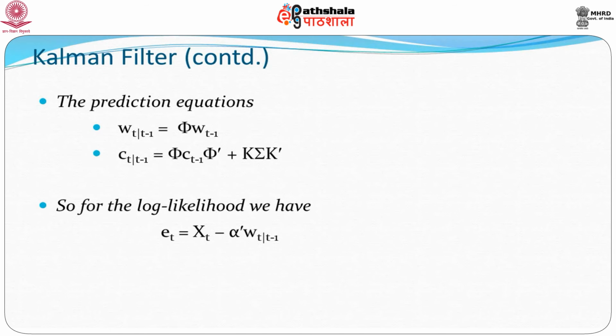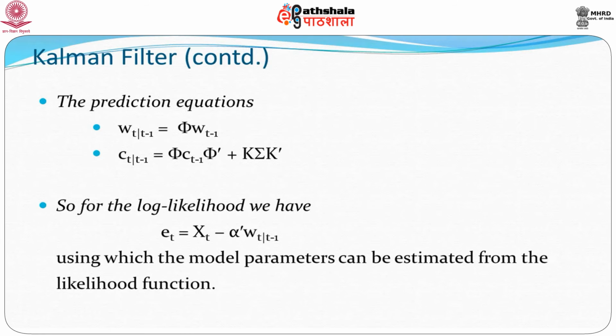Now, it is easy to see that the expectation of the error vector is going to be 0, because the expectation of Wt given t minus 1 minus Wt is 0, and so is the expectation of epsilon t. The dispersion is given by a diagonal matrix with Ct given t minus 1 and sigma epsilon square, the off diagonal elements being 0.